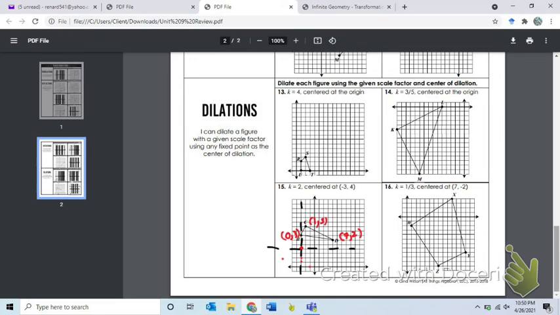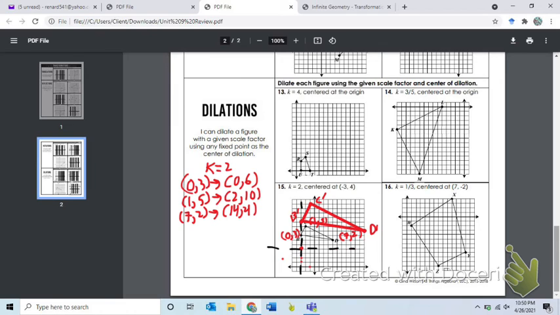So we now multiply all of those by our scale factor, 2. (0, 3) becomes (0, 6). (1, 5) becomes (2, 10). And (7, 2) becomes (14, 4). Remember, when we're graphing these, we want to graph them from our center of dilation, not from true (0, 0). And that would be that.